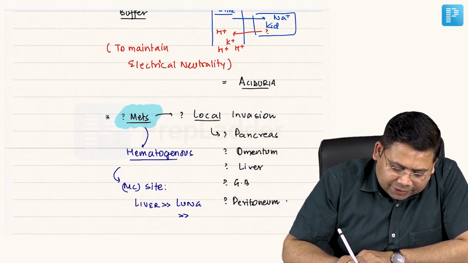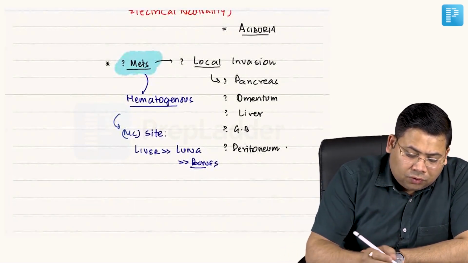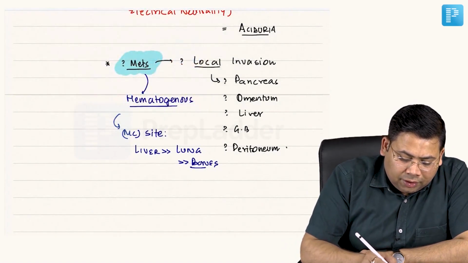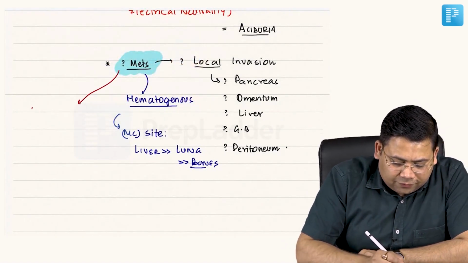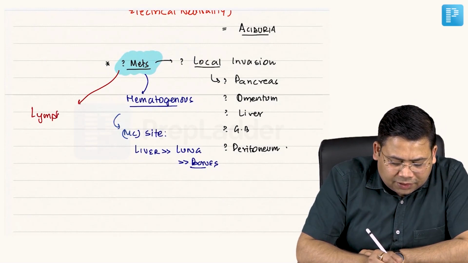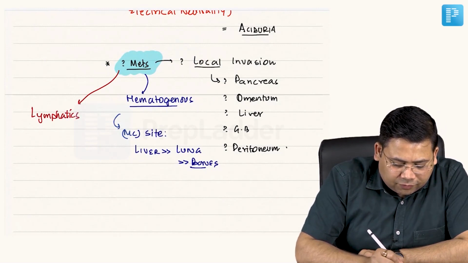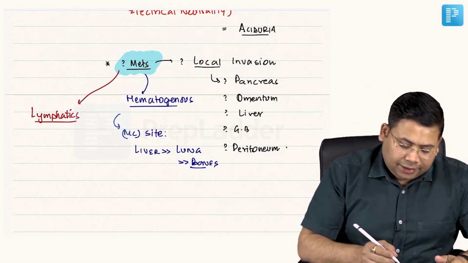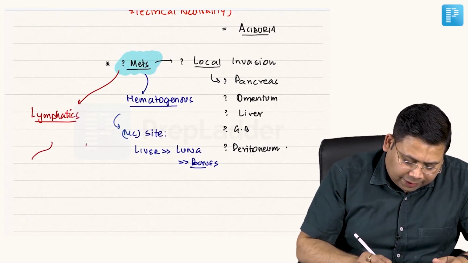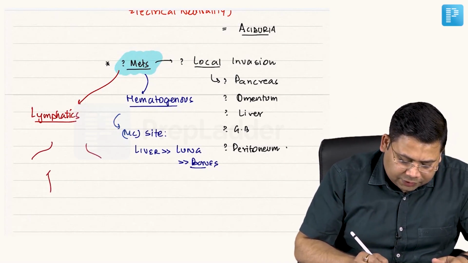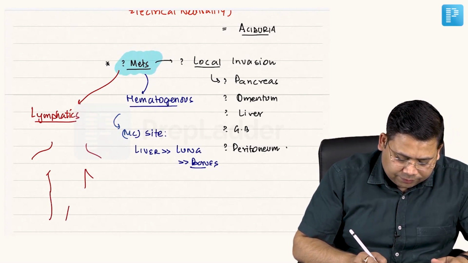So liver greater than lungs, greater than bones. Yes. It can also go to the lymphatic route, and via lymphatics, yes, you will have a very long list of presentation. Yes, it can go and attack a lot of sites. So let us draw them and see them.